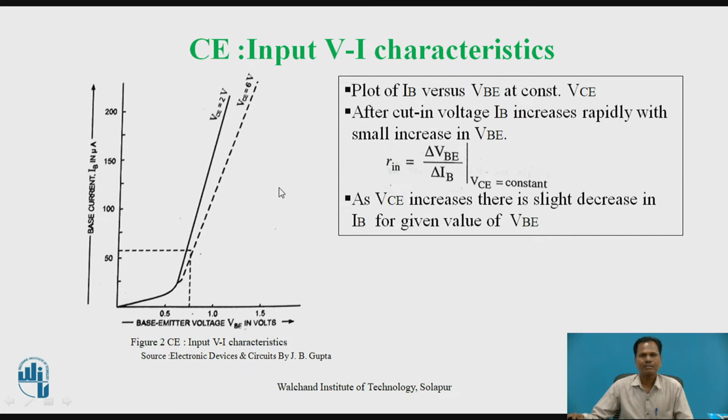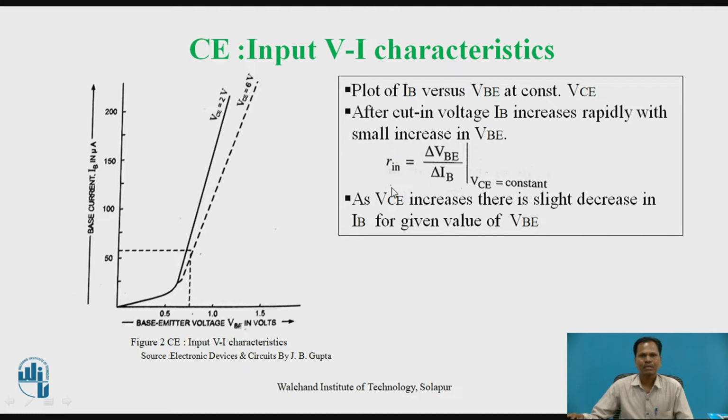Considering the change in base to emitter voltage and the corresponding change in base current IB, we can find the dynamic input resistance, that is the AC input resistance of the transistor in common emitter circuit configuration. That is given by Ri equal to delta VB, the change in base to emitter voltage, divided by delta IB, the change in input base current IB, at a certain constant value of collector to emitter voltage, the output voltage.